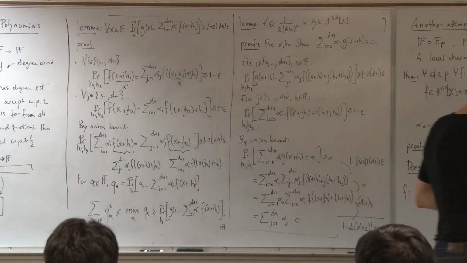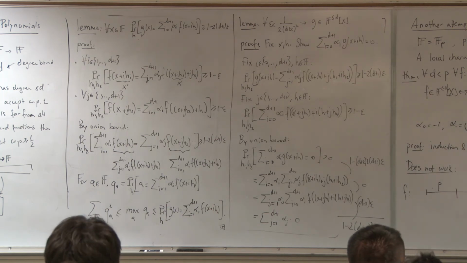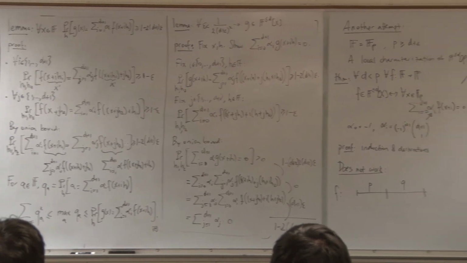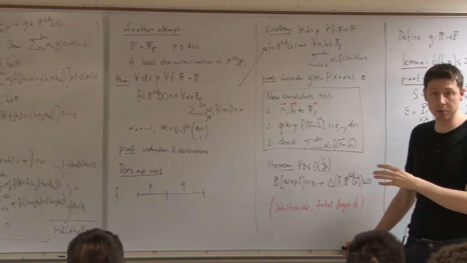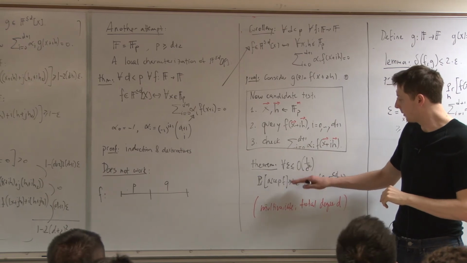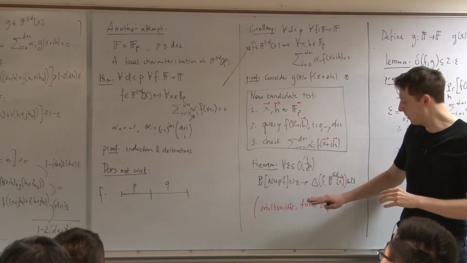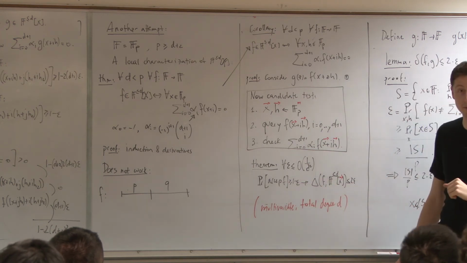So when we come back here, we actually have a test that asks order d queries, specifically d plus 2, for any m. And we have the guarantee that if epsilon is small enough, smaller than 1 over d squared, then we have this distance guarantee.